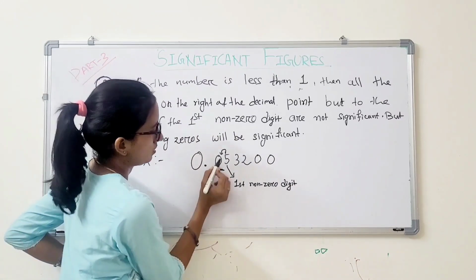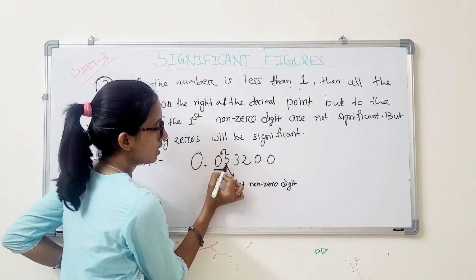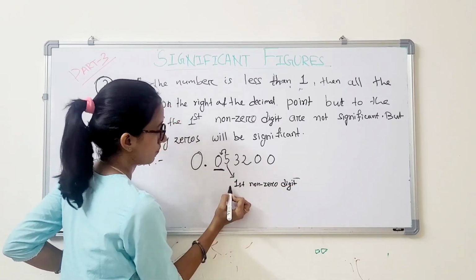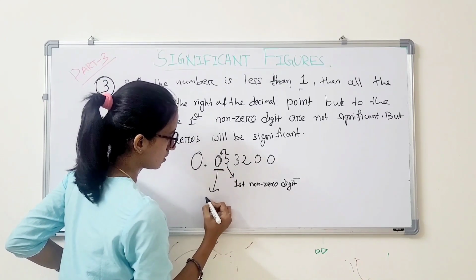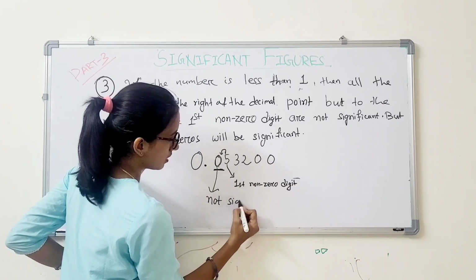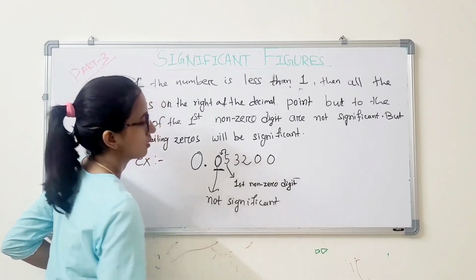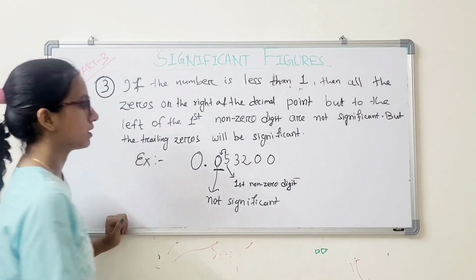And this 0 is on the right of the decimal point and before the first non-zero digit. So this 0 will not be significant. But the trailing zeros will be significant.